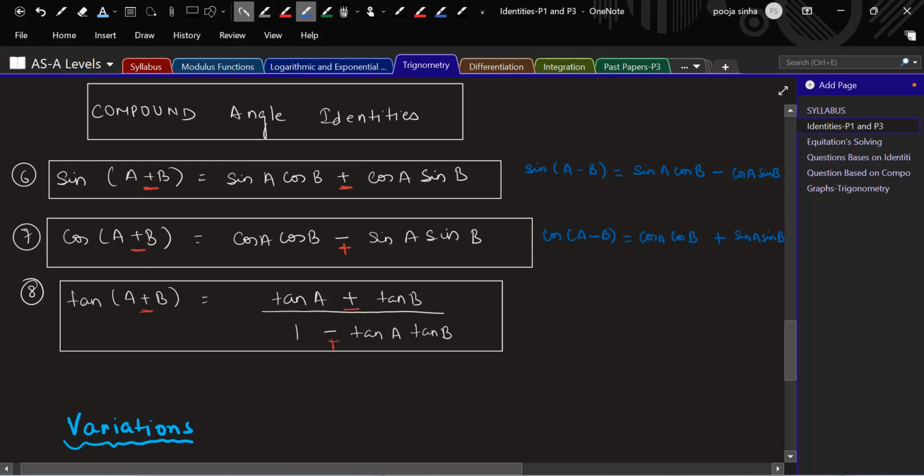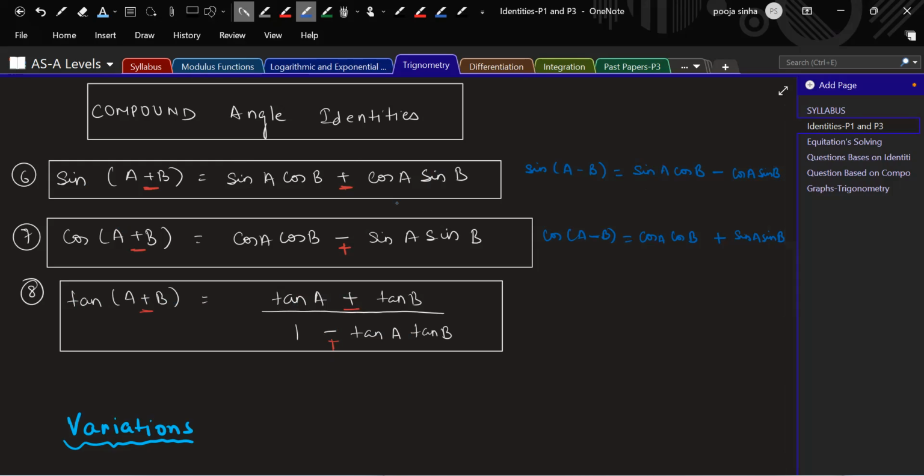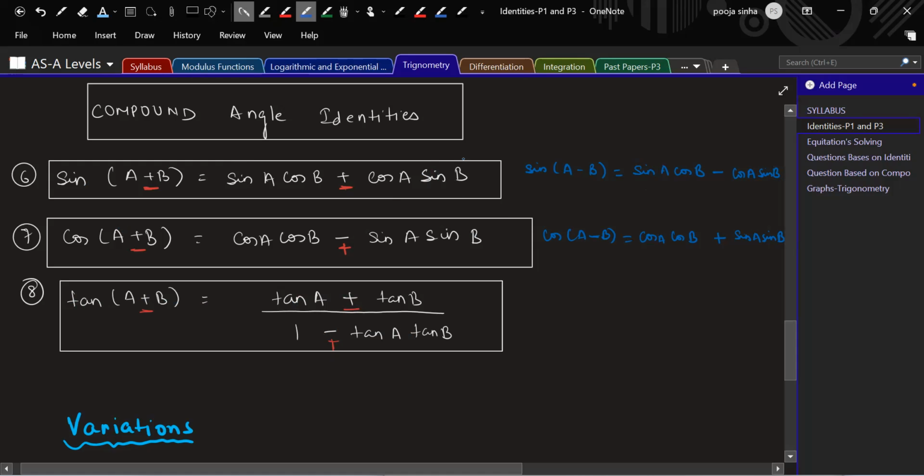Tan bhi samajh lete hain ek baari. Tan A plus B. Okay. So it will be tan A plus tan B upon 1 minus tan A tan B, which means the numerator has the same sign, the denominator has an opposite sign. Okay. So let's do this with a negative sign. If it is tan A minus B, then what should I write the formula as?